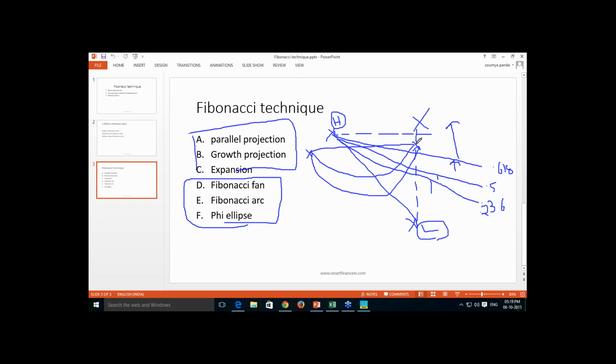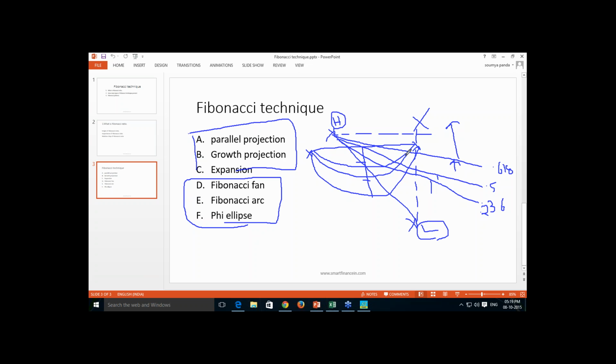First, you have to take this full diameter as an arc, and then you draw. After that, from the middle of this diameter you have to project a line, and you have to mark 0.236, 0.5, 0.618, and draw three different arcs at these levels, so that you can come to know the different resistances. Those who have a charting tool can utilize this particular tool.